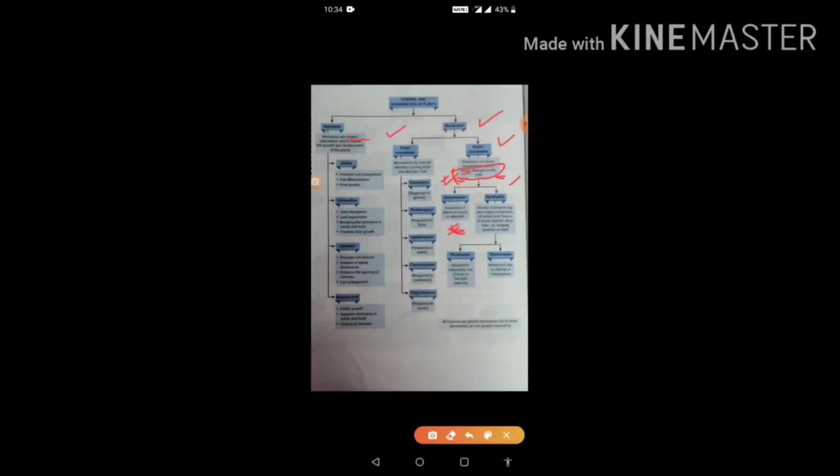But what are nyctinastic movements? Nyctinastic movements are caused by factors of the environment like temperature and light, which change during a day. There are changes in the temperature between day and night, and changes in the light between day and night.